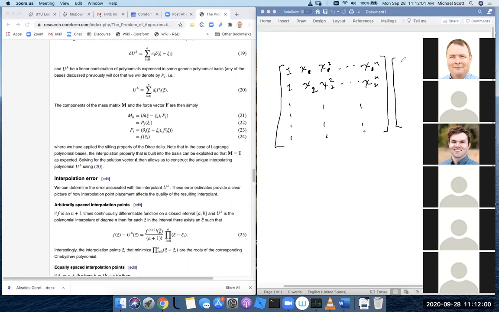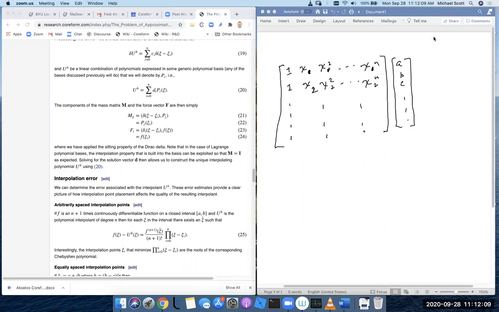Then we have coefficients a, b, c, and then that's equal to... oh yeah, I'm getting confused on the indexing here, guys.